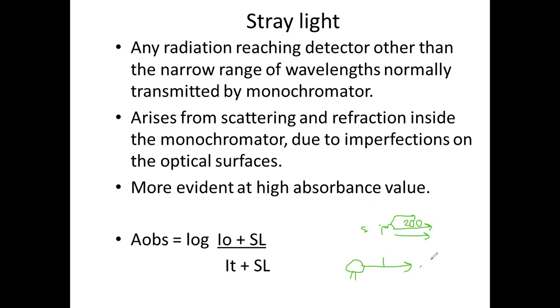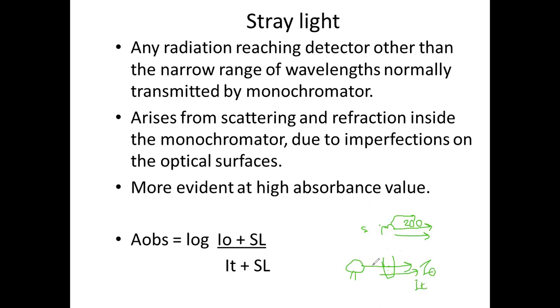you call this I0. And whenever you keep the sample cell between your detector and the source, the intensity of light is reduced due to absorption, and what you measure is the transmitted radiation.